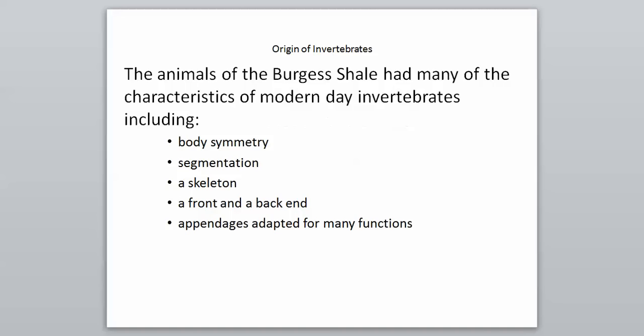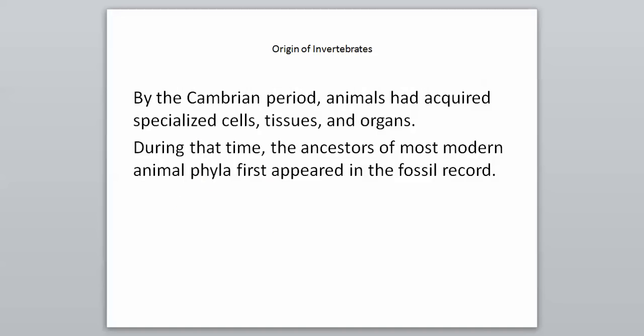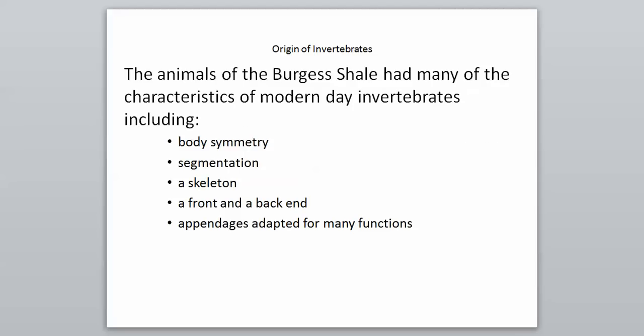Some of the animals of the Burgess Shale had many characteristics of our modern day invertebrates: body symmetry, segmentation, a skeleton, whether an endoskeleton or an exoskeleton. They had a front and a back end, so remember anterior and posterior, probably with some cephalization. And they had appendages that were adapted for many functions.